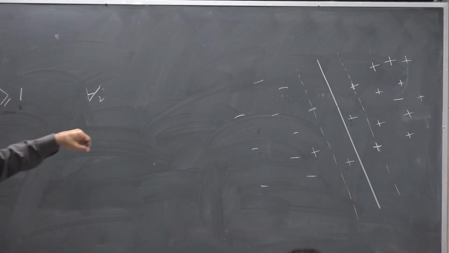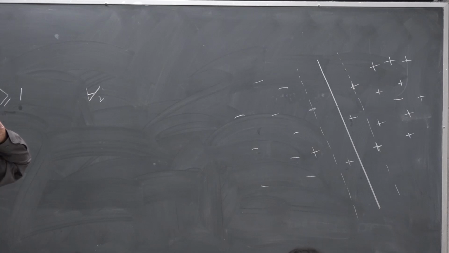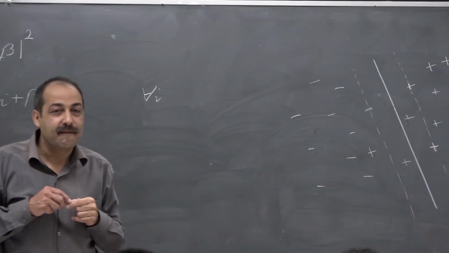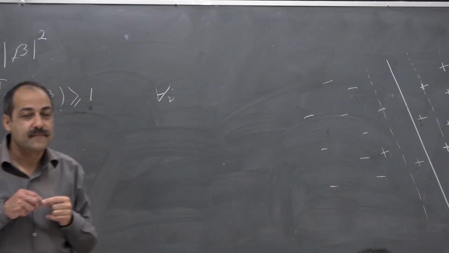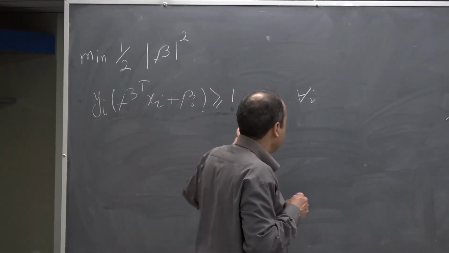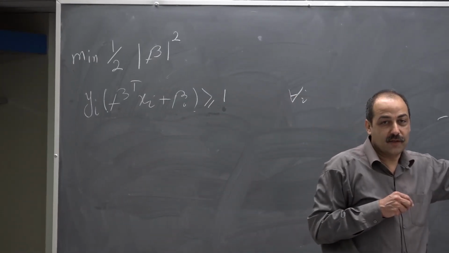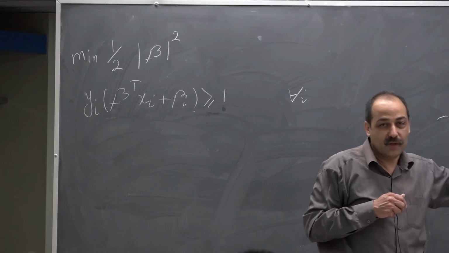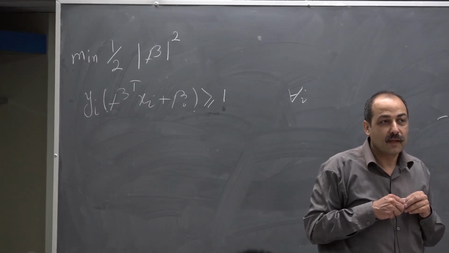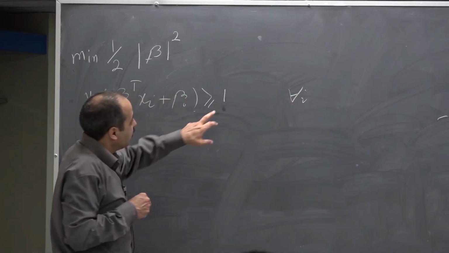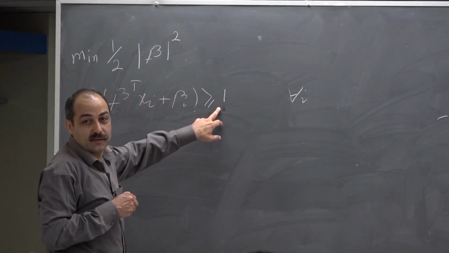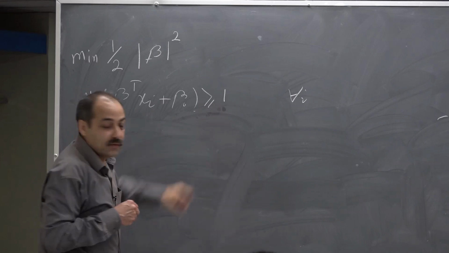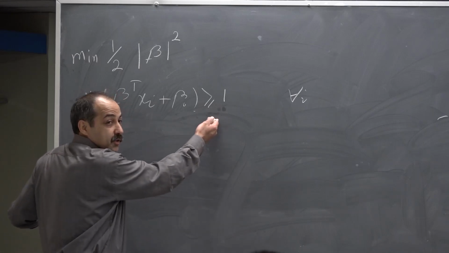Can we consider the lower bound and remove yi? You mean the lower bound of these points? I don't know what the lower bound is. I just know that some of them are going to go to the other side. So I'm sure that it's not greater than 1, right?